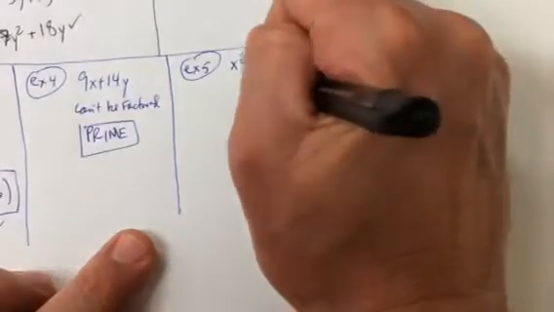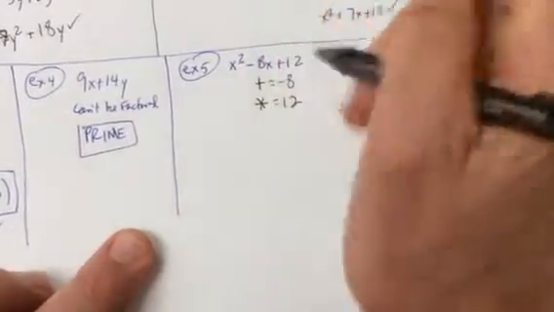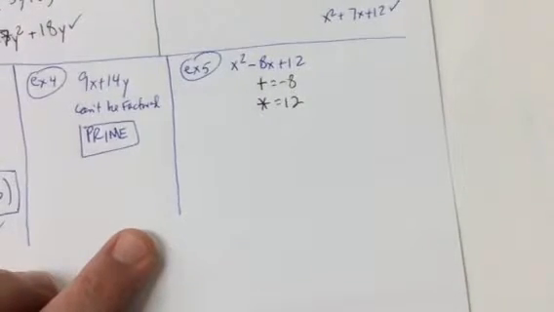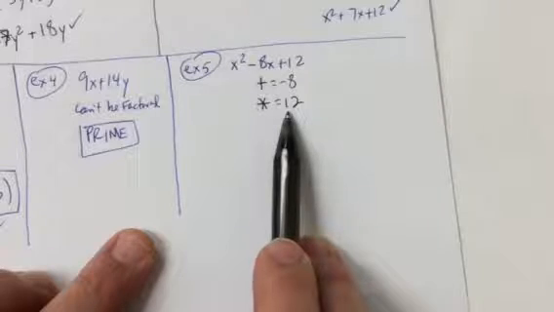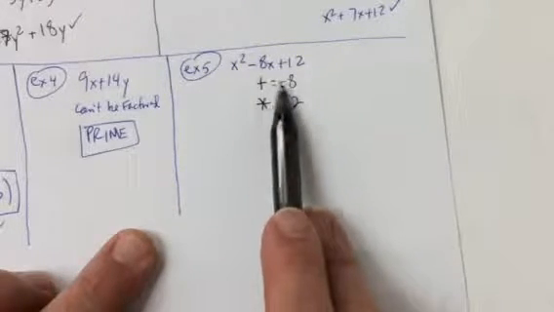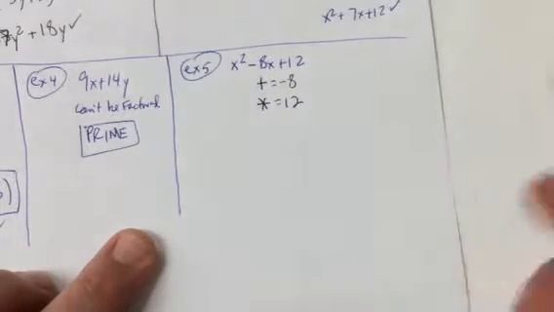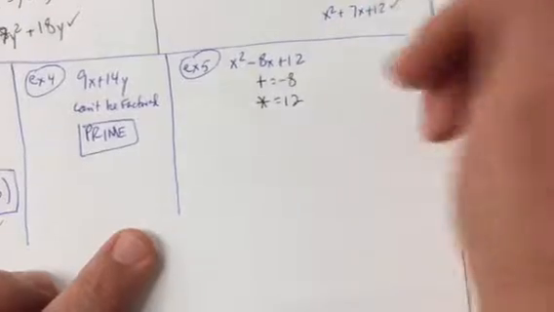Okay, welcome back. So remember, you ask yourself, what's going to add to equal negative 8? What's going to multiply to equal positive 12? Remember, if they have to multiply to get a positive number, that means either both of them are negative or both of them are positive. And if they're adding to get a negative number, that means they're both going to be negative. What numbers multiply to get 12 and add to get negative 8?